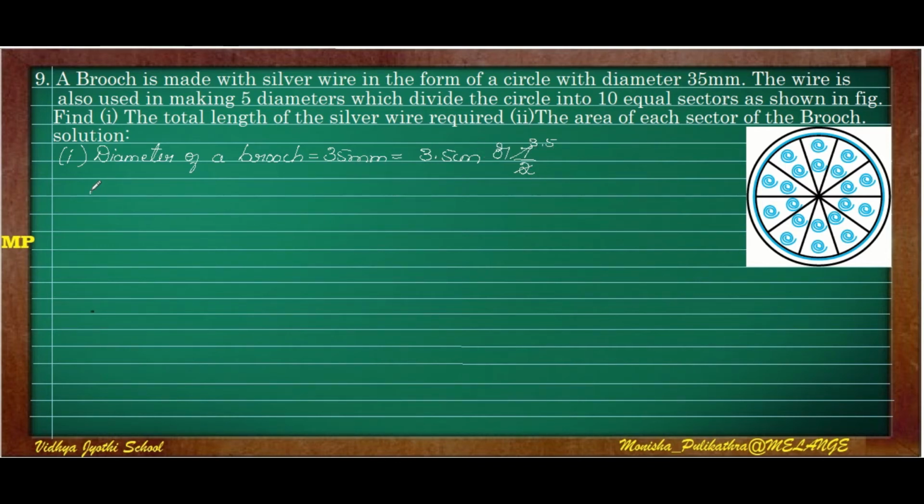So next we have to find out the length of the wire required for making 5 diameters. Okay. So here one diameter has been given, where we have to take 5 diameters of the length of the same brooch.